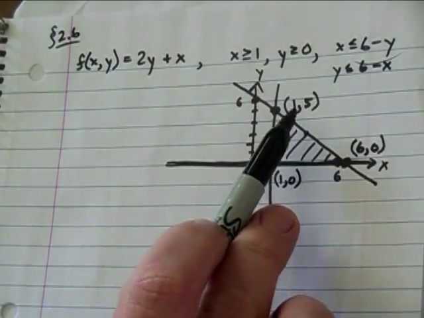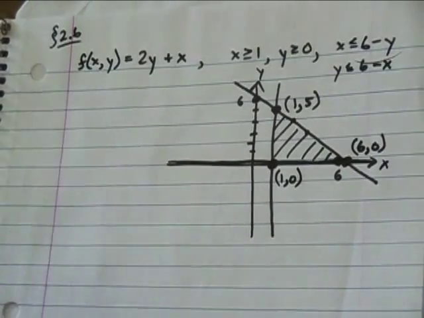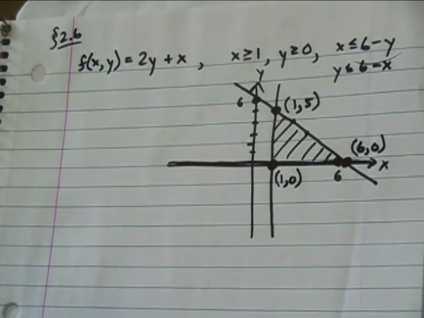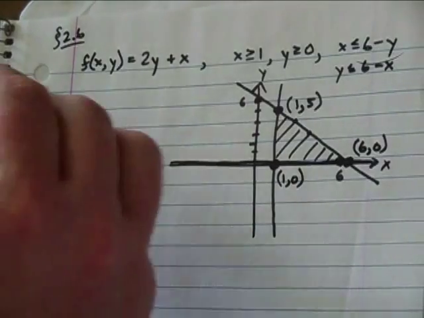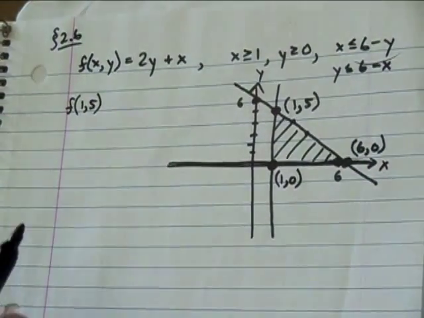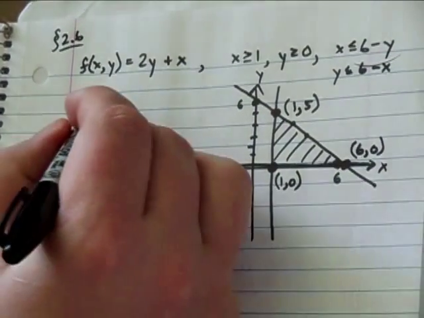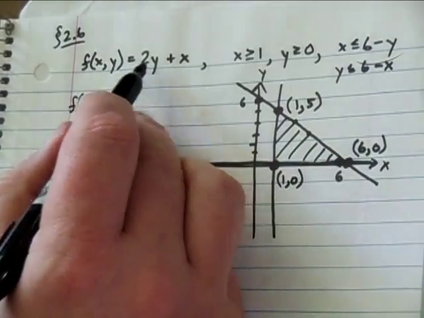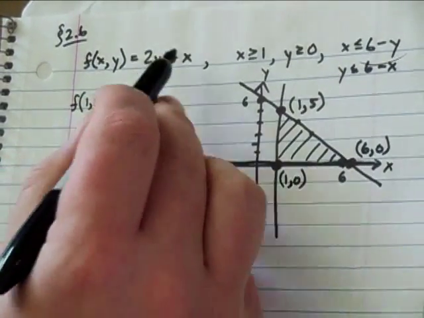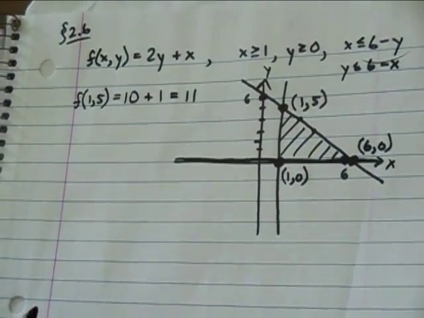So all I need to do now is plug in the numbers for each vertex one at a time into this function, and I will find out what the minimum and maximum values are. So for example, we've got f(1, 5), so I'm plugging 1 in for x and 5 in for y. Well, if y is 5, 2 times 5 is 10, and x is 1, so I end up with a function value of 11.